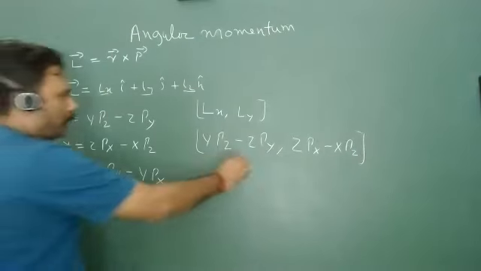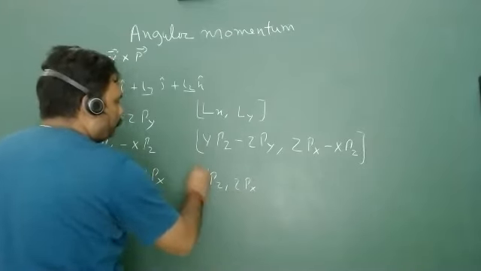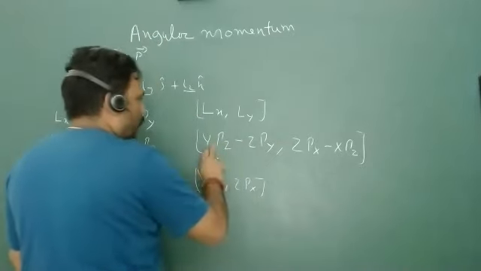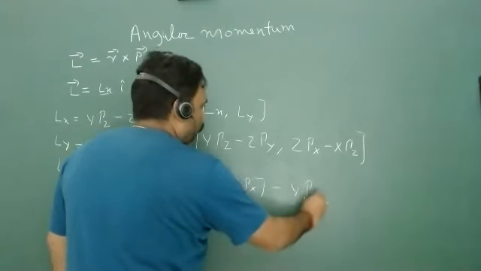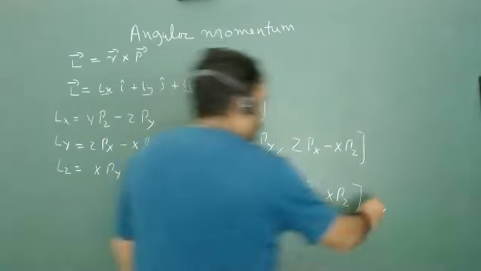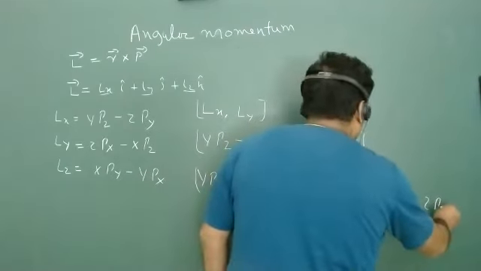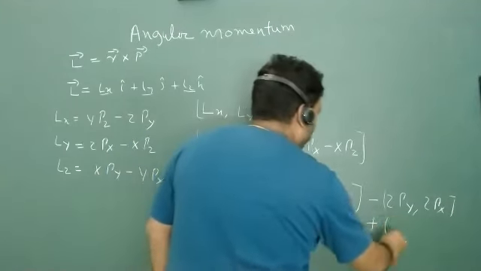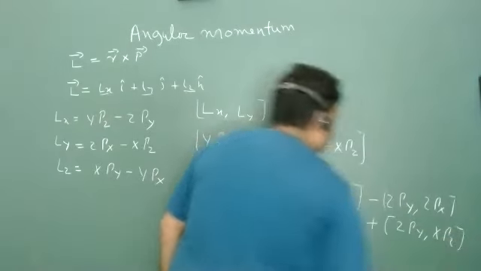We have four terms: y pz with z px, then y pz with minus x pz, then minus z py with z px, and the fourth term, minus minus plus, is z py with x pz.